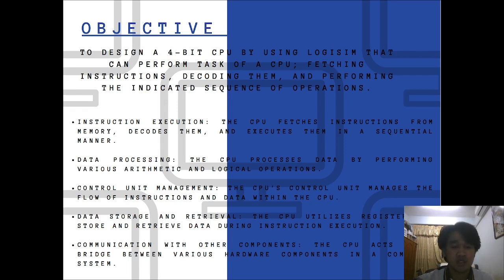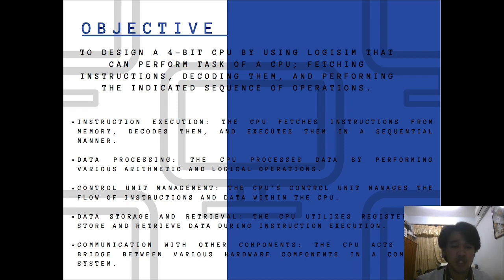Instruction execution means the CPU fetches instructions from memory, decodes them, and executes them in a sequential manner. And data processing means the CPU processes data by performing various arithmetic and logical operations, which is the ALU.